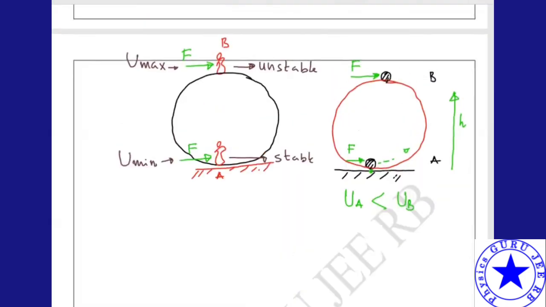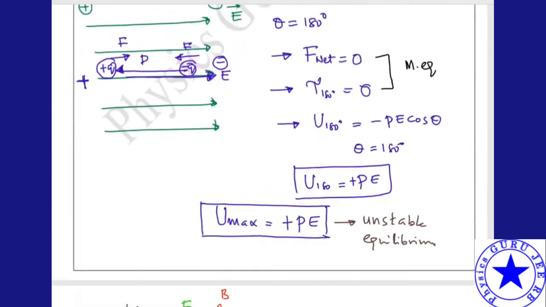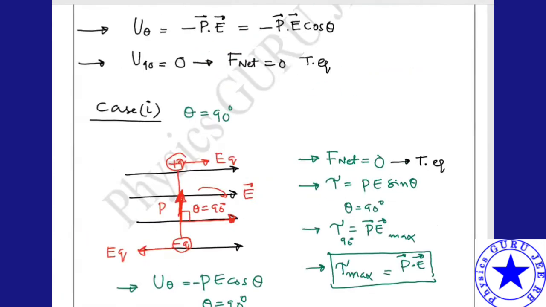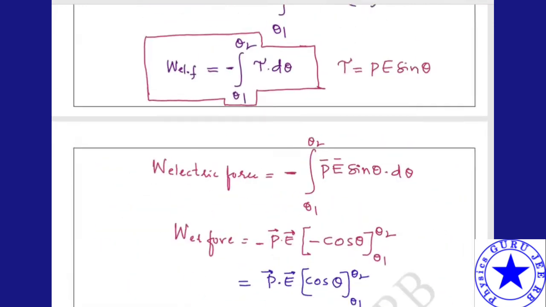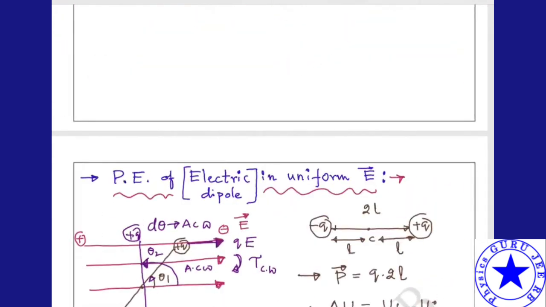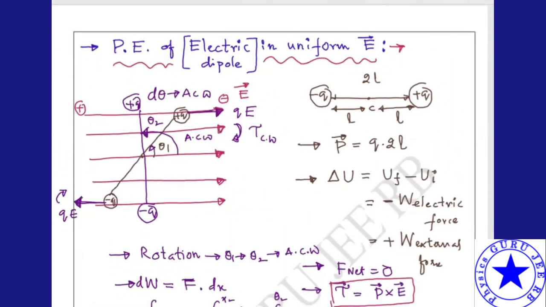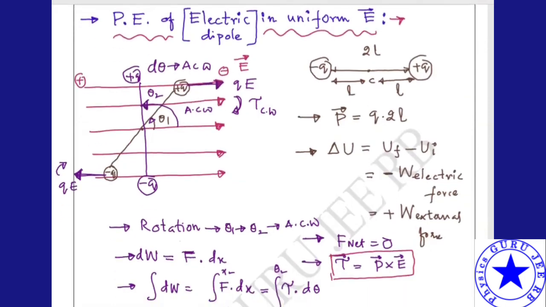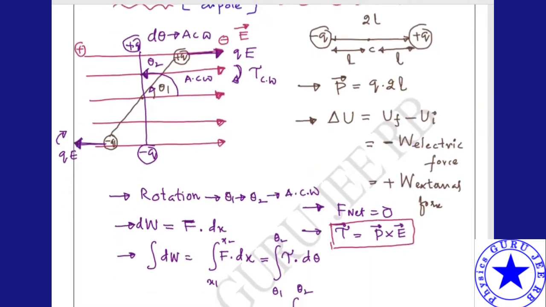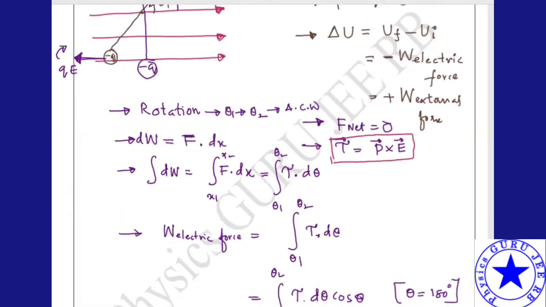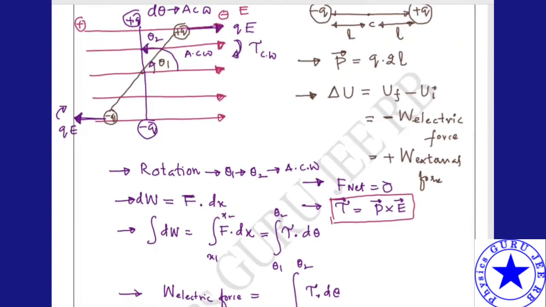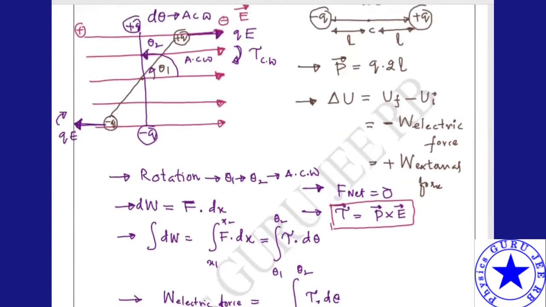Let's try to recall what we discussed in today's class. We discussed the potential energy of an electric dipole in a uniform electric field. We took one electric dipole and placed it in the uniform electric field.